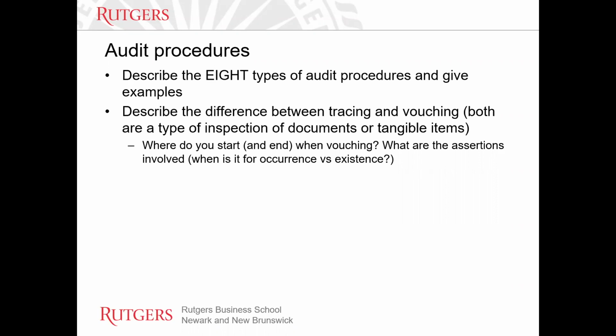In this example, the sheet is going to be some sort of documentary record. We'll talk about inventory. So it's going to be a list of inventory that you download or get from the client's system. So it's included in the client's records, right? It's a proxy for the inventory balance on the balance sheet.